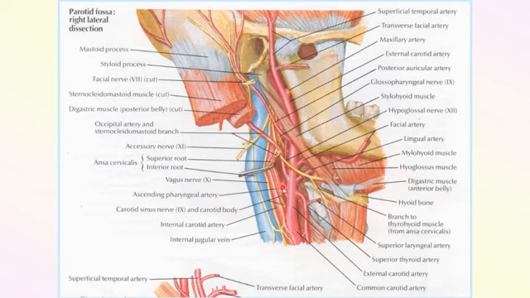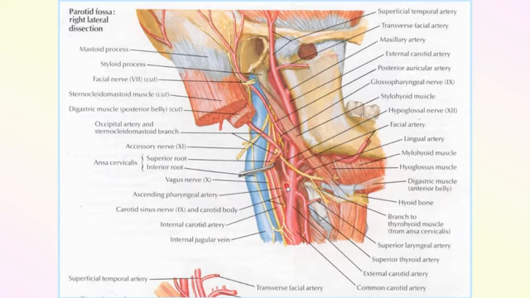And just as the name implies, it ascends along the pharyngeal wall towards the cranial base. And this is going to contribute to the blood supply of the pharynx.